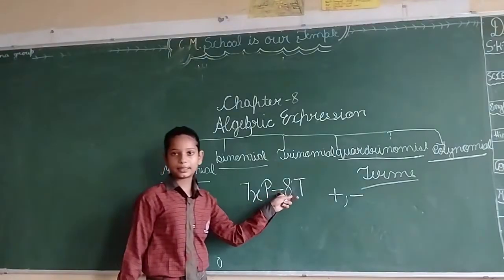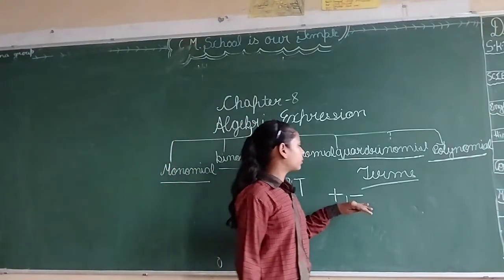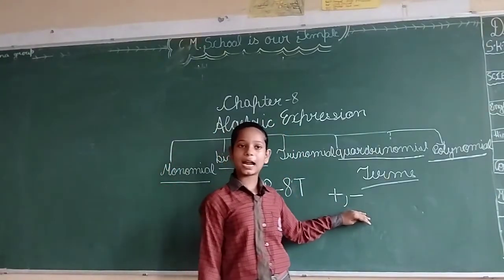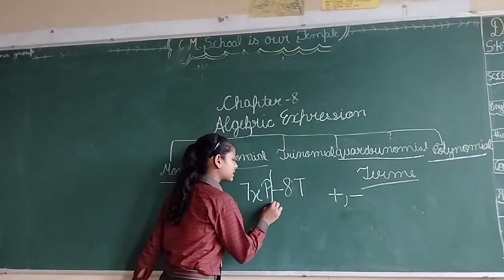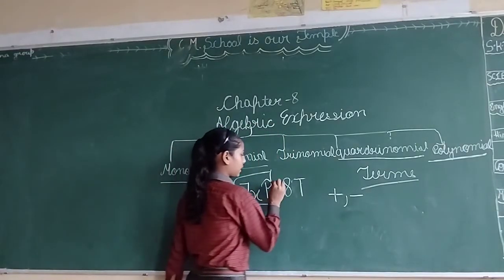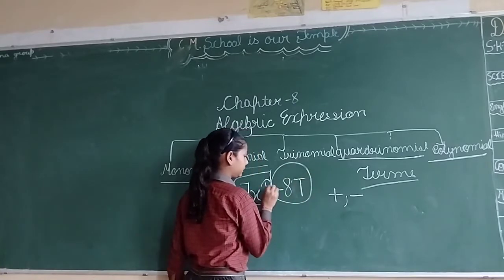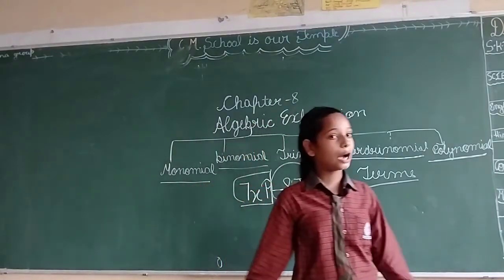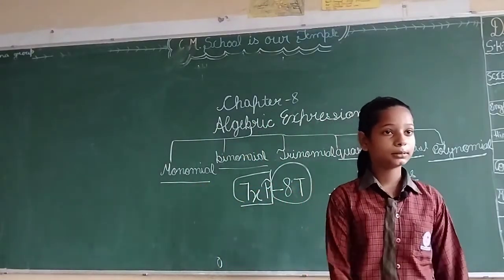There is the minus symbol. I tell you that we separate terms with the plus and minus symbol. So this is one term and this is the second term. Do you know how we separate terms?